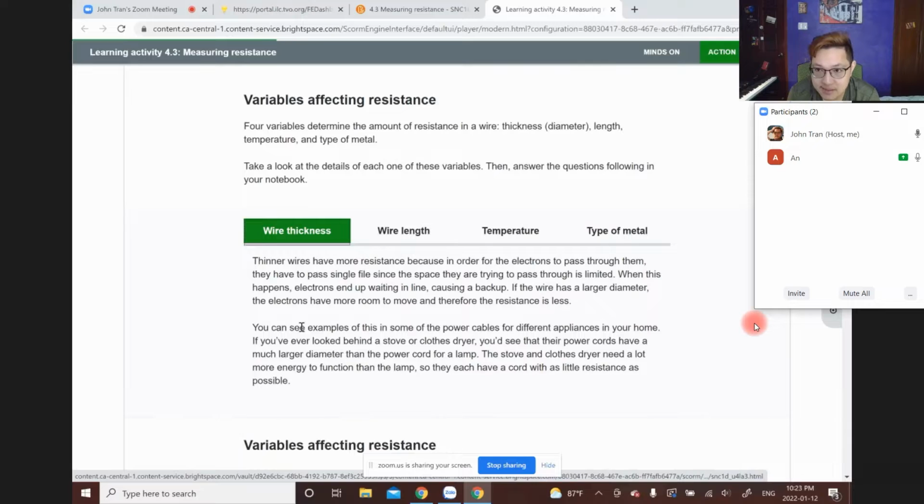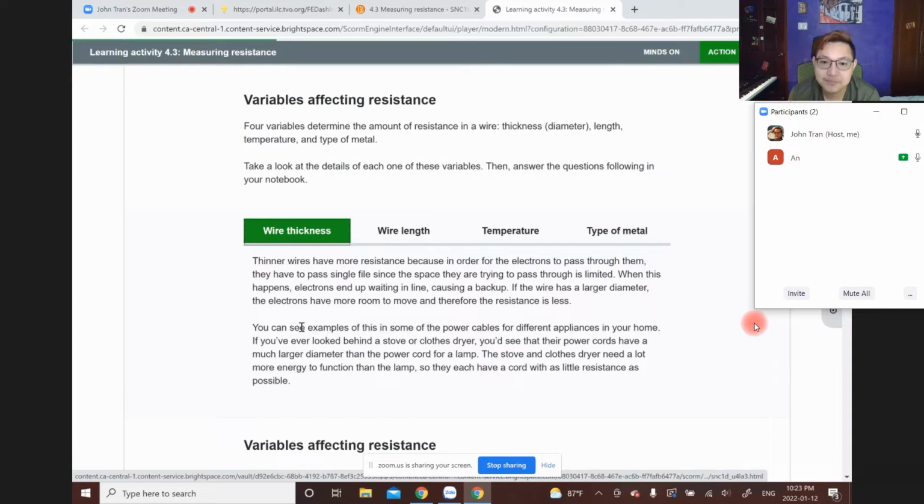It means that if the material has more resistance, more energy is used, and more energy used means more heat is produced. And clothes dryers and stoves operate on heat, right? So of course they need a lot more energy than a lamp or other equipment.